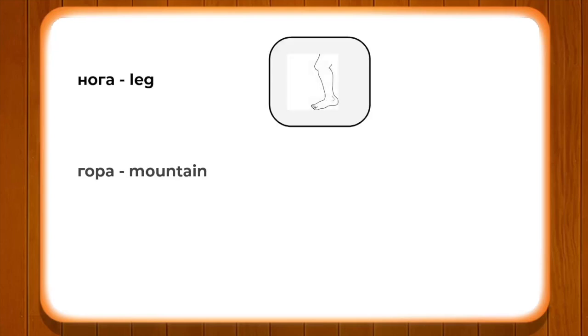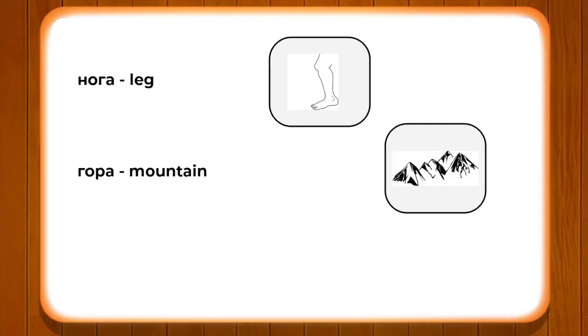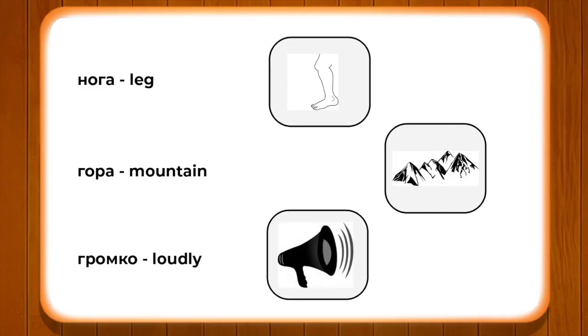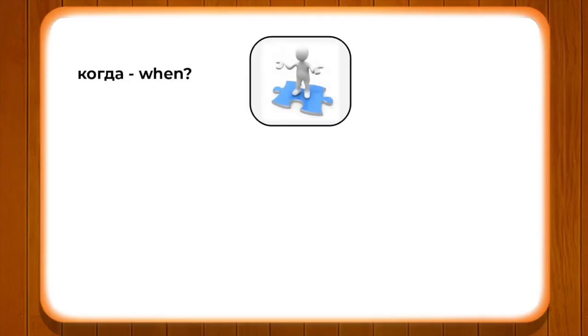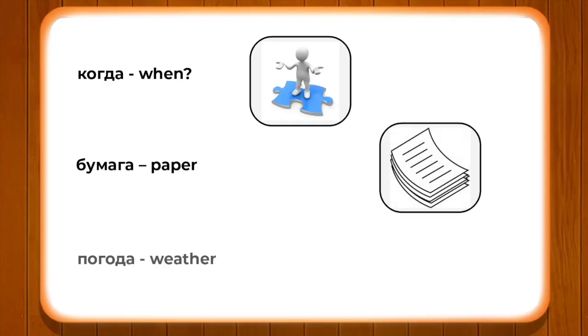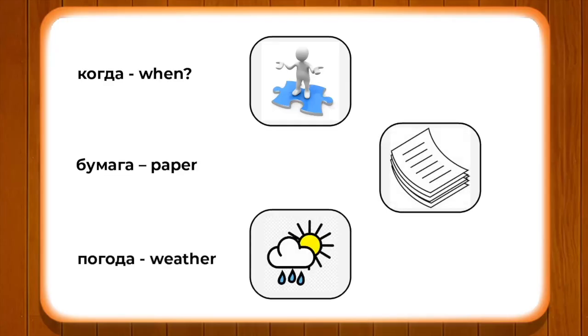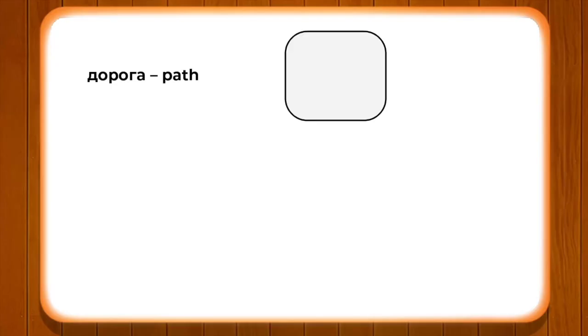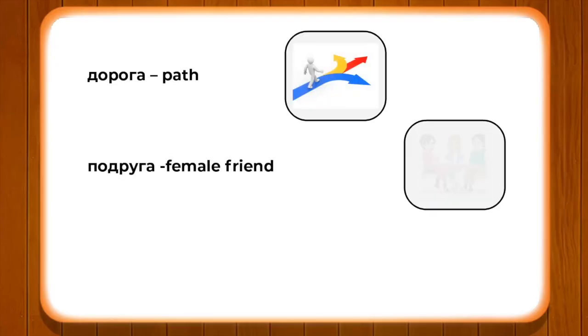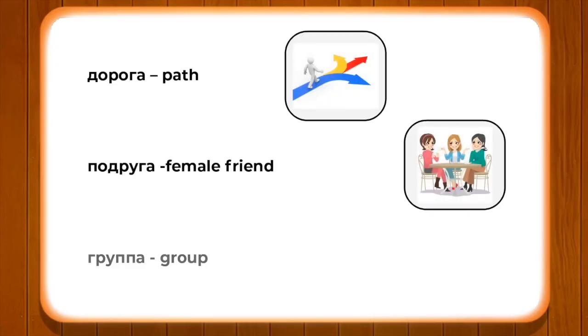Naga means leg, Gara means mountain, Gromka means loudly, Kagda means when, Bumaga means paper, Pagoda means weather, Daroga means path, Padruga a female friend, and Gruppa means group.